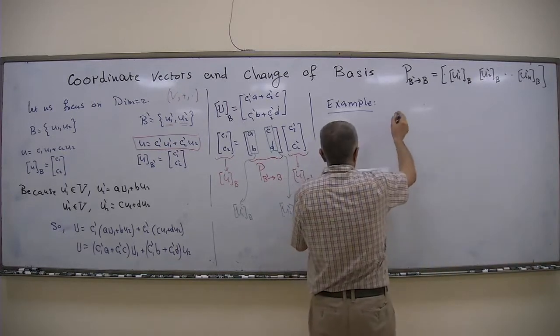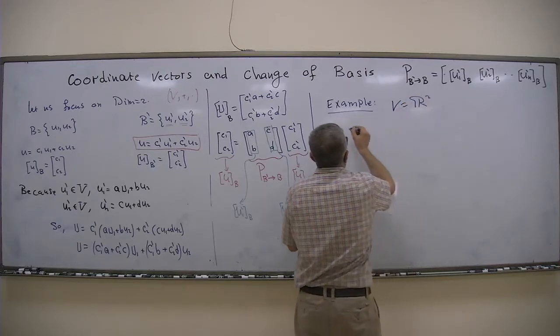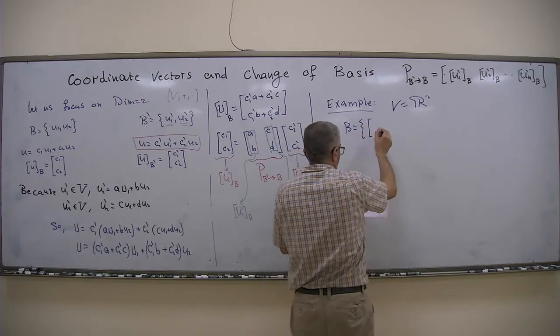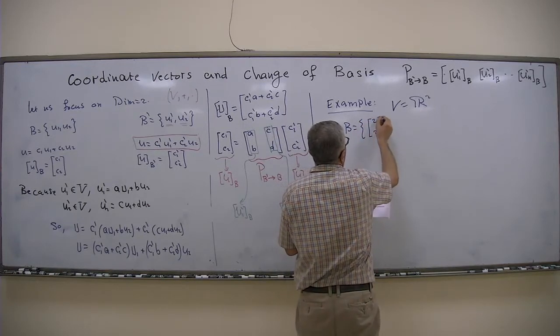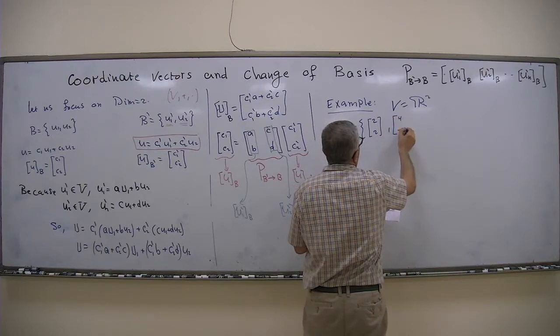My vector space V is R2. And my first basis B is (2, 2) and here (4, -1).